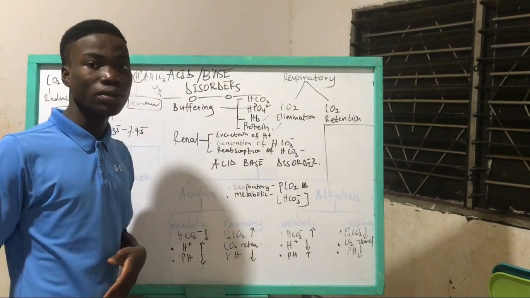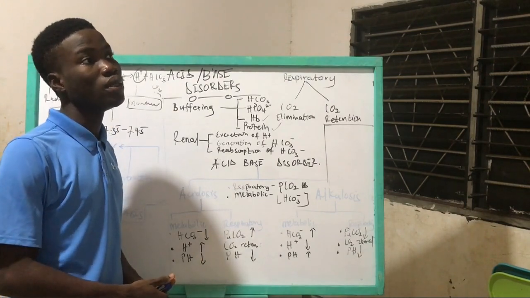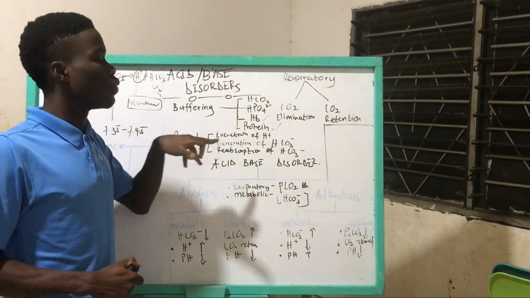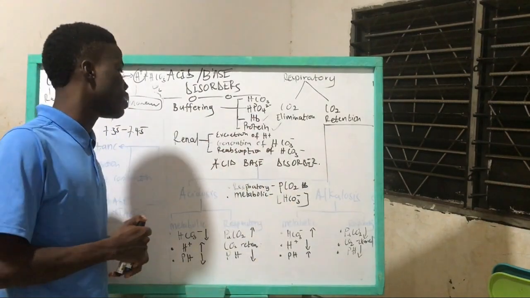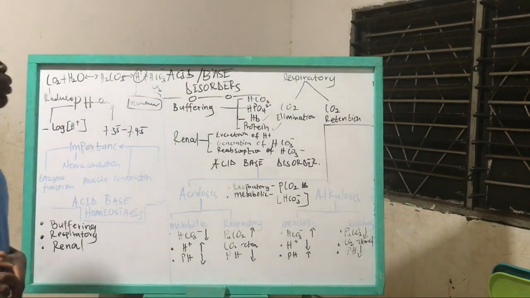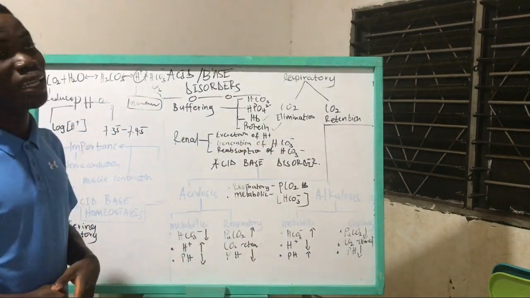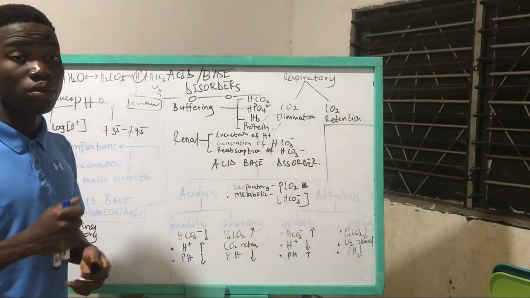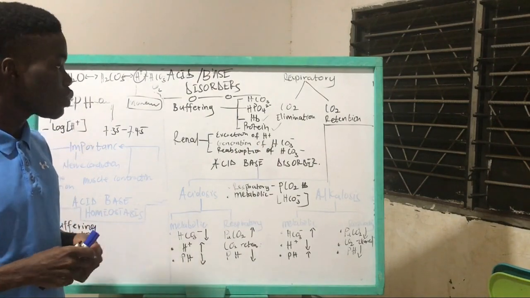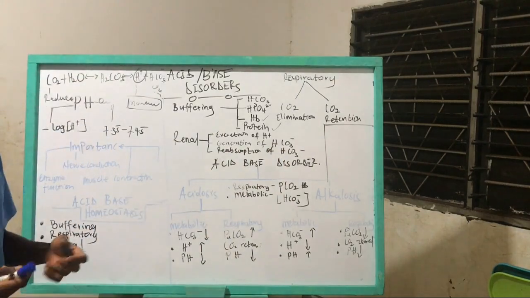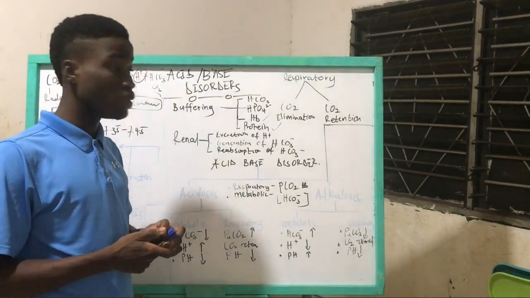The hydrogen ions. Therefore, the pH will increase. And when there is generation of hydrogen carbonate ions too, it is also going to lead to what? An increase in pH. And there is reabsorption of hydrogen carbonate. Is going to be what? A decrease in the pH.